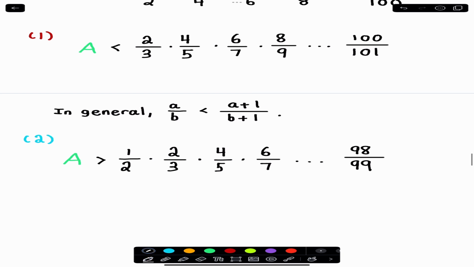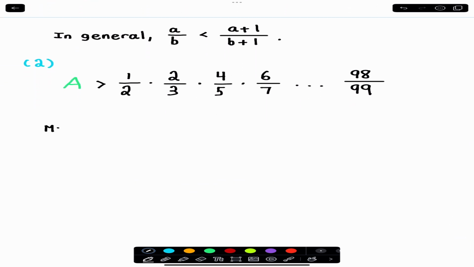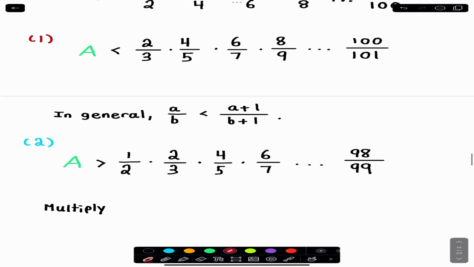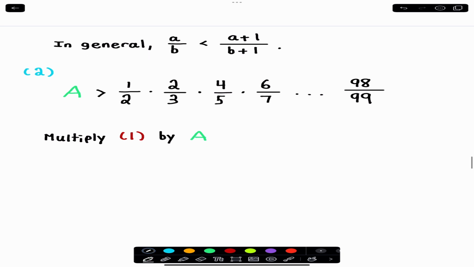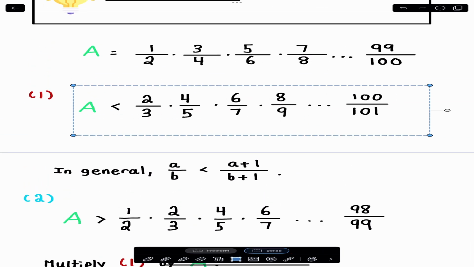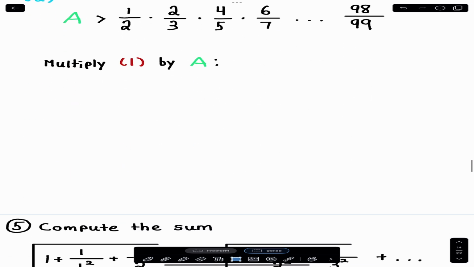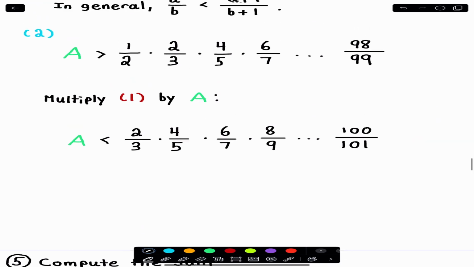Now let's see what happens when we multiply number 1 by A. I'm going to show you what we're going to do. So right now this is equation number 1.